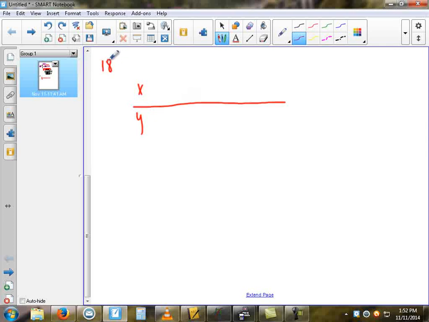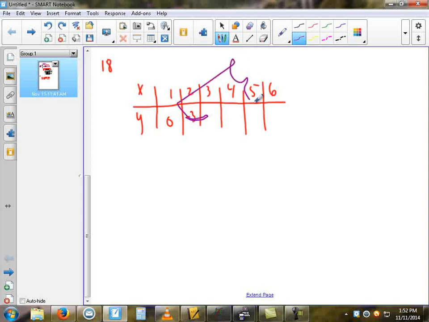This is again for number 18. The x information for 18 is 1 through 6: 1, 2, 3, 4, 5, 6. And that doesn't matter so much as the numbers down below, which look like 0, negative 3, negative 8. It's doing it again. Whoops.